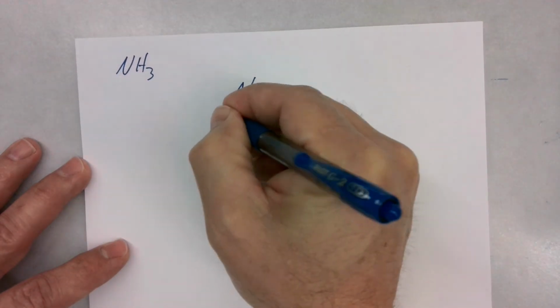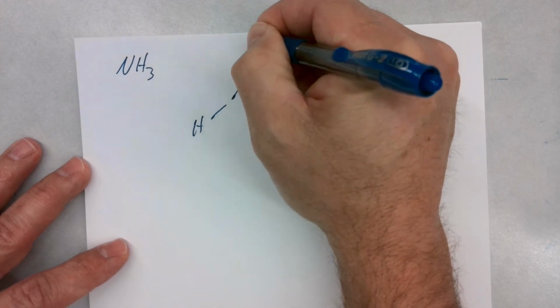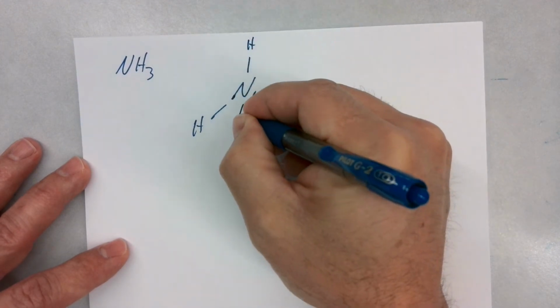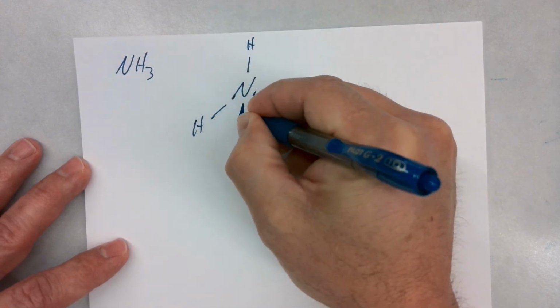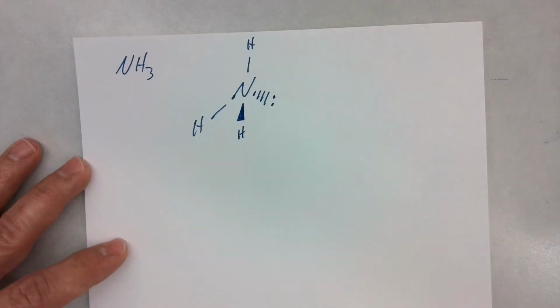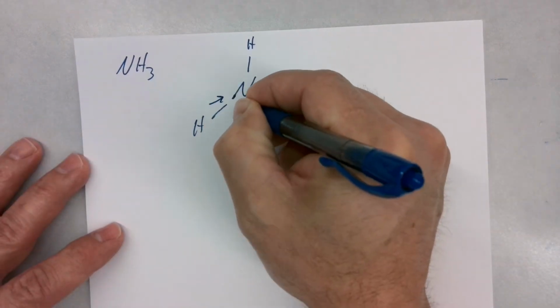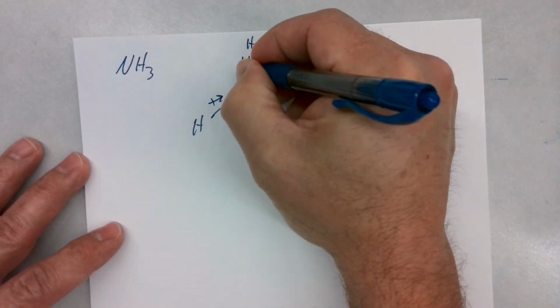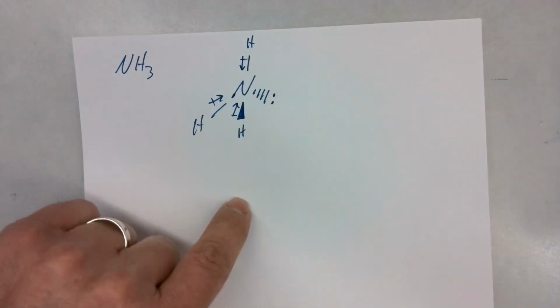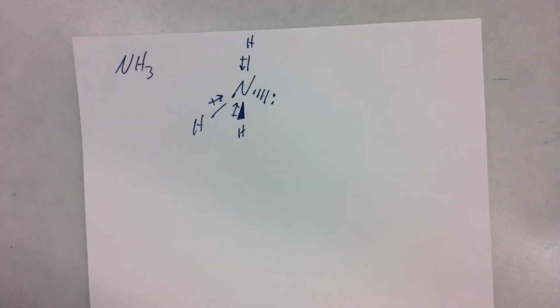And then I got my H, I got my H, and I had my H like this, right? Now, we already know, based upon the numbers, that each one of these is doing this, right? So envision this.